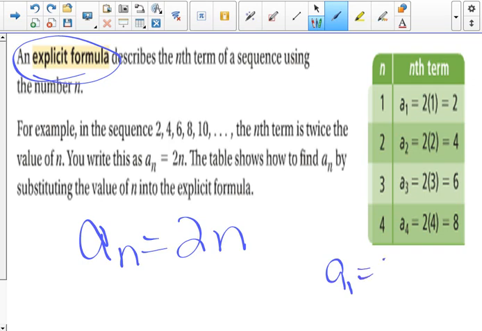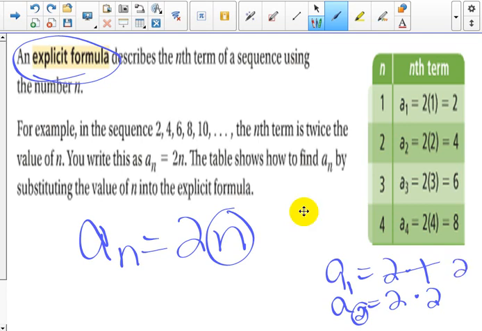A sub 1 equals 2 times 1, n equals 1, right? And the second term is going to be a sub 2 equals 2 times, and what is n now? N is 2. So for my first element, 2 times 1 is 2, there it is. And my second element, 2 times 2 is 4, there it is.